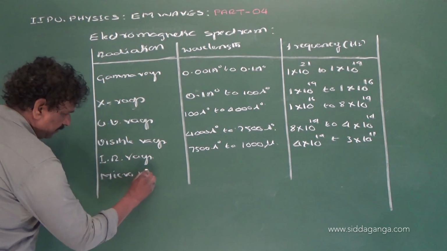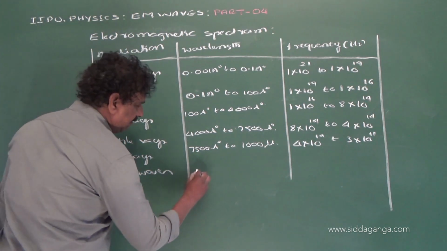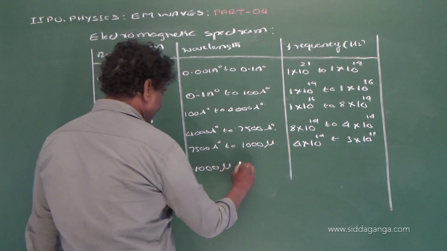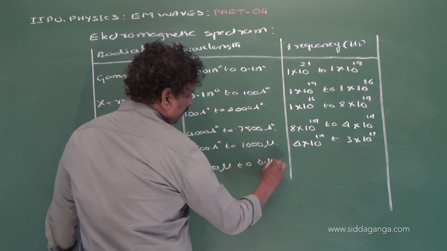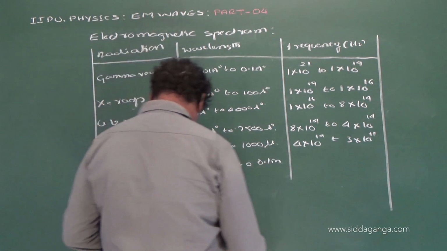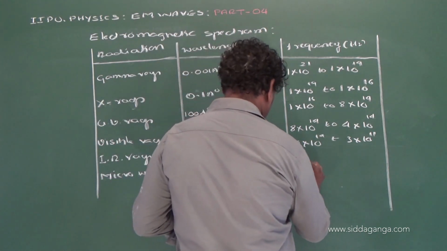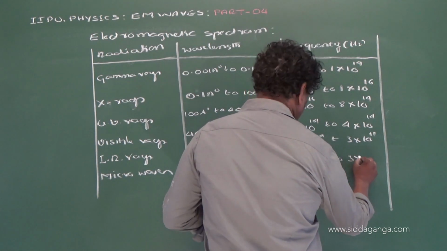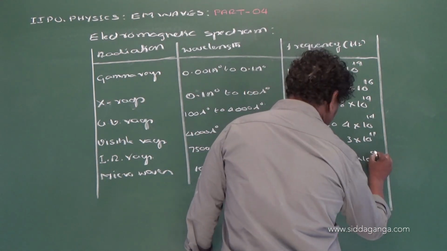Now we have microwaves. They have wavelength range from 1000 micron to 0.1 meter, and the frequency 3 into 10 raised to the power of 11 to 3 into 10 raised to the power of 9 hertz.